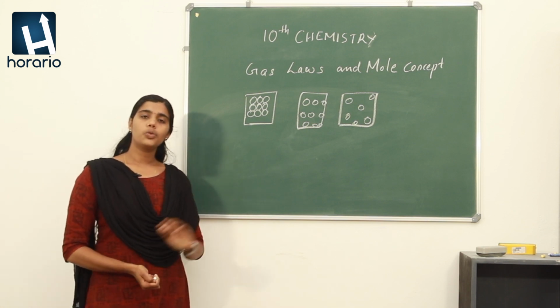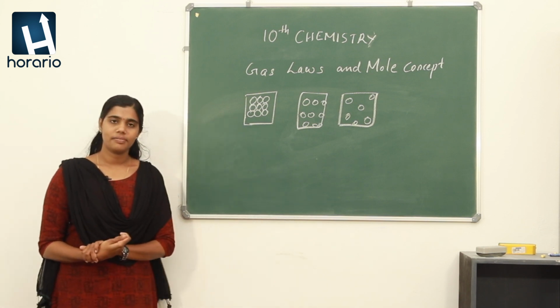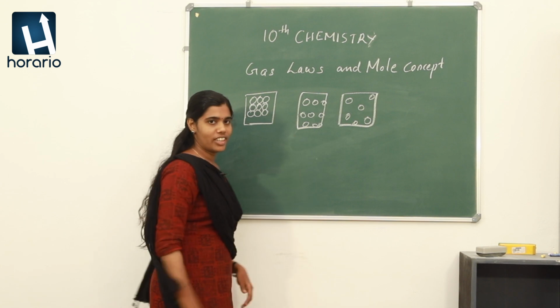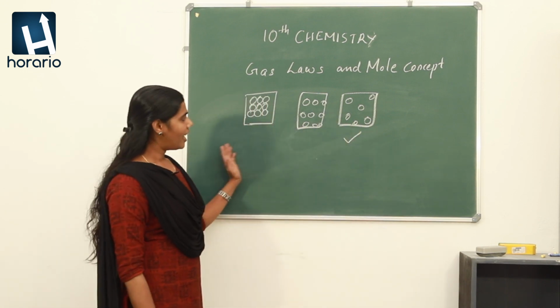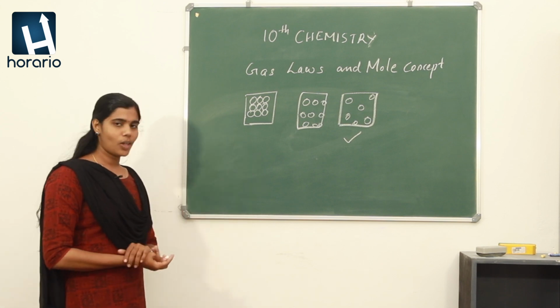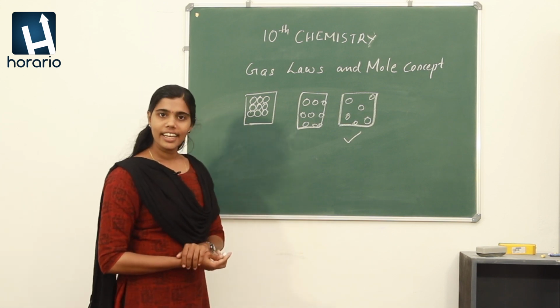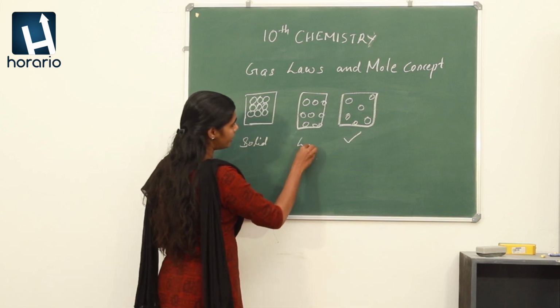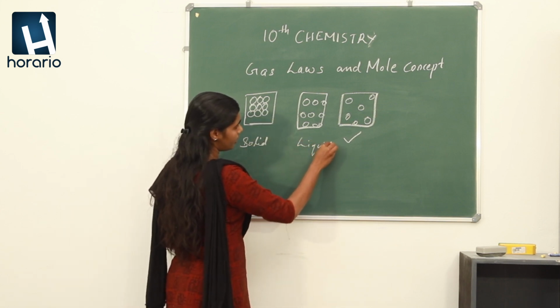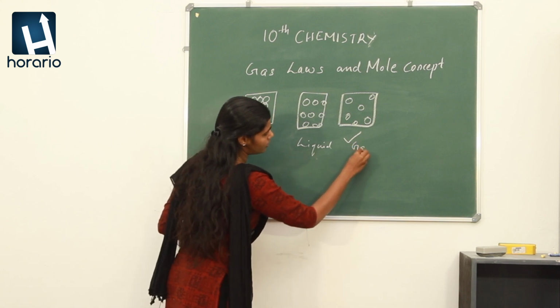Which one represents the gaseous state? Yes, the third one. The first one is the solid state and the second one is the liquid state, and this one is the gaseous state.